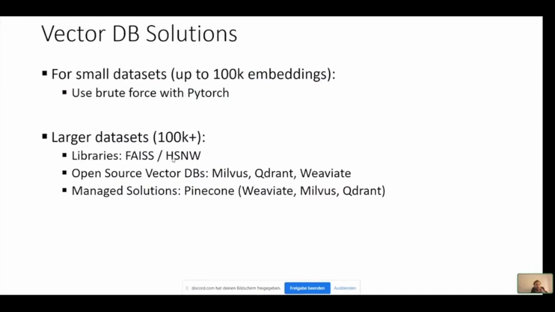I can highly recommend using HNSW, it's really nice. There are different open source vector databases like Milvus, Qdrant, and Weaviate that are easy to spin up and use. There are managed solutions like Pinecone and also Weaviate, Milvus, Qdrant, where you don't have to take care of the servers and where they run it on their servers themselves.